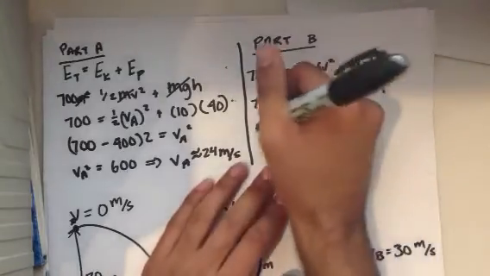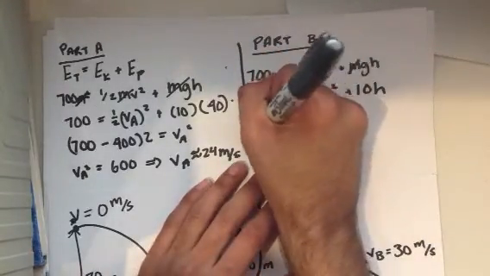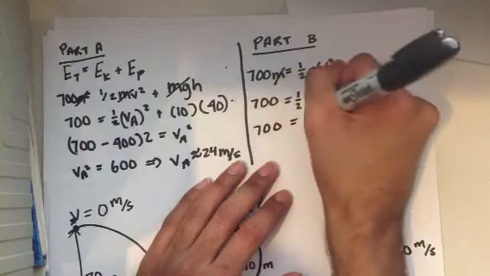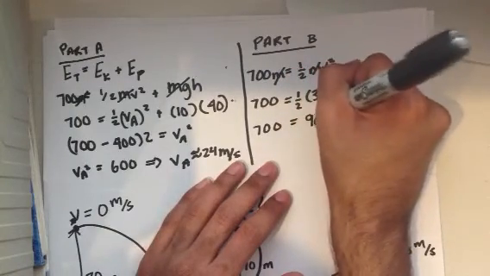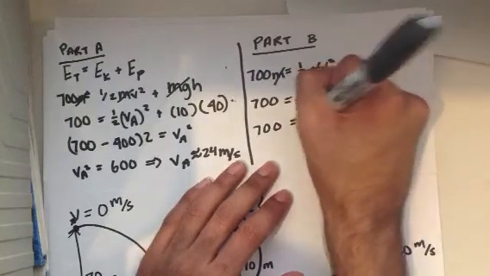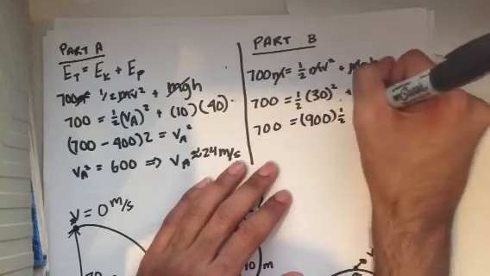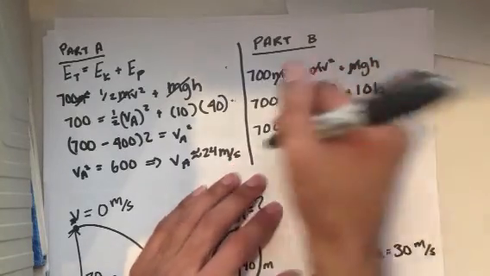Let me plug this into my calculator. It is in fact 900, so 700 equals 900 times 1/2 plus 10h.